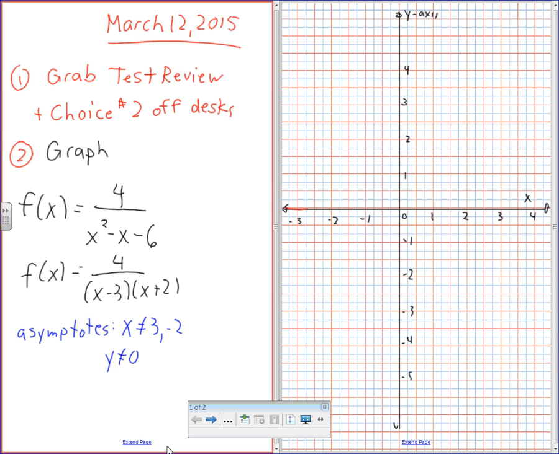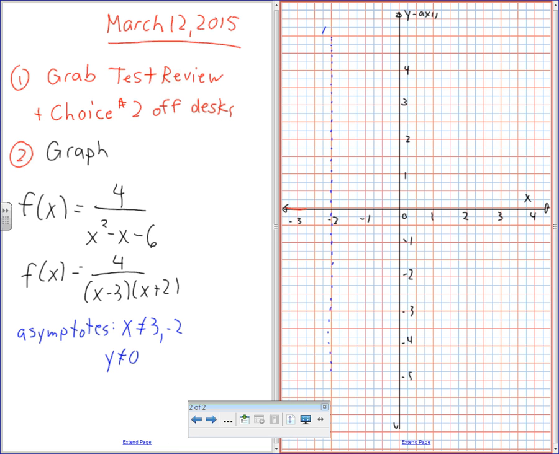All right, Julia, how do I apply this to my graph then? Good.